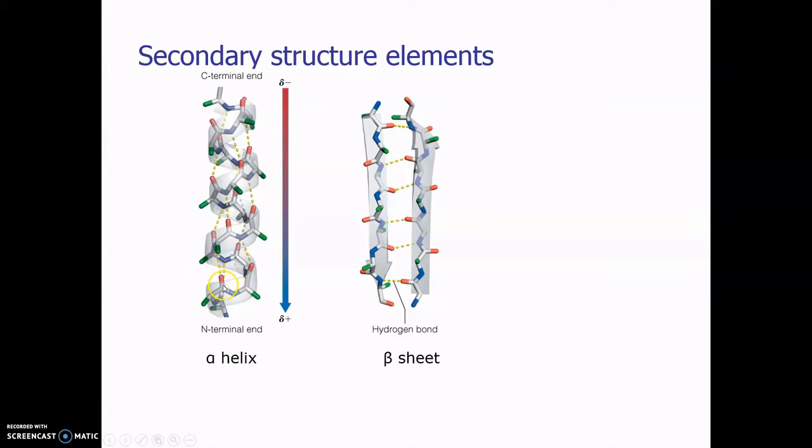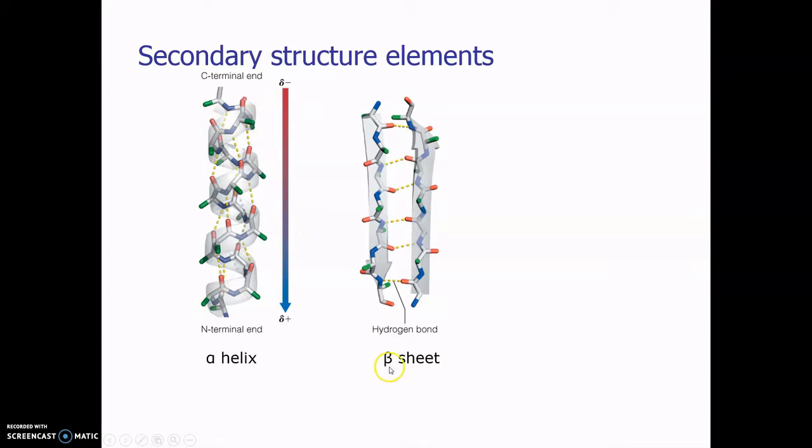On the interior here, you can see that there is a hydrogen bond that forms between the carbonyl of one part of the peptide bond and the amino group in a peptide bond several amino acids up. And that pattern repeats over and over and over again. And this is a particularly stabilized structure.